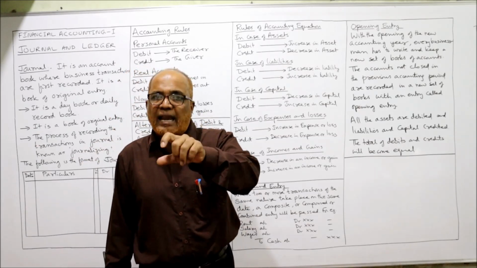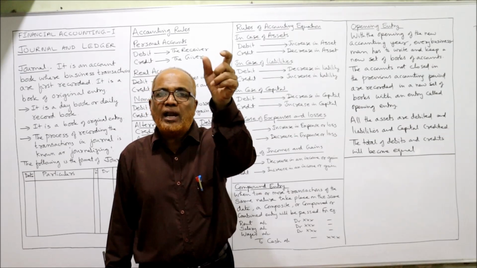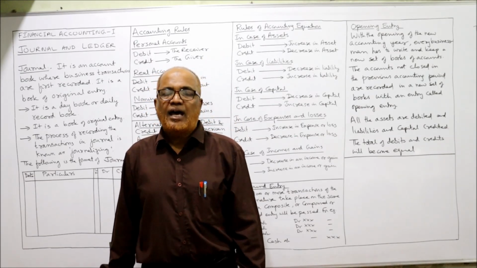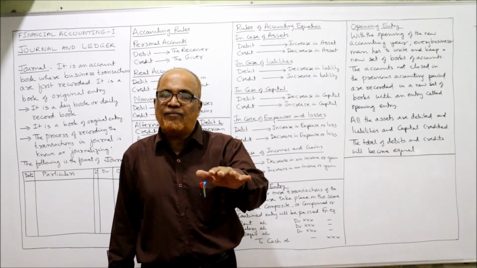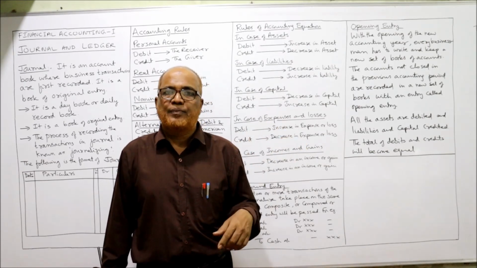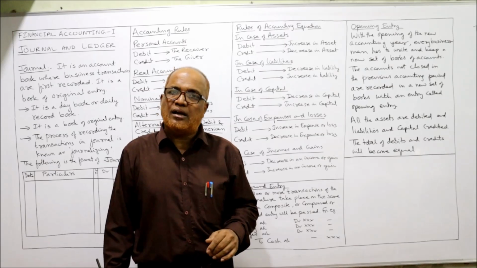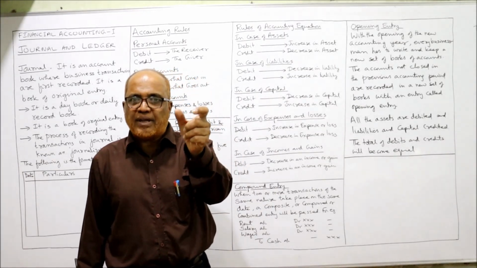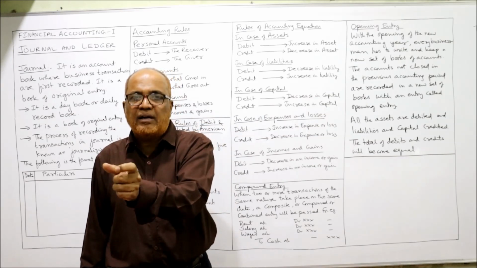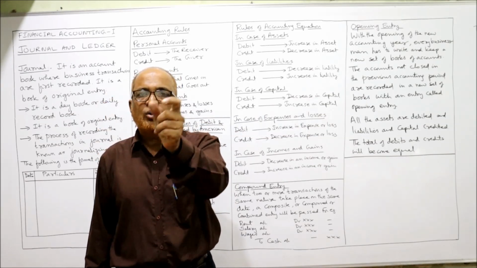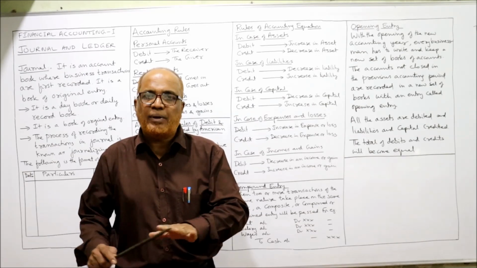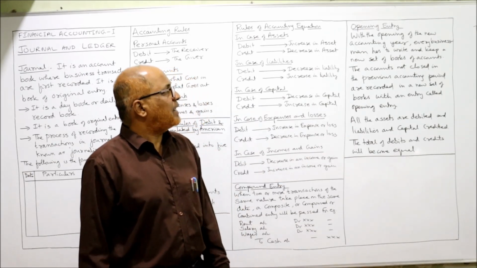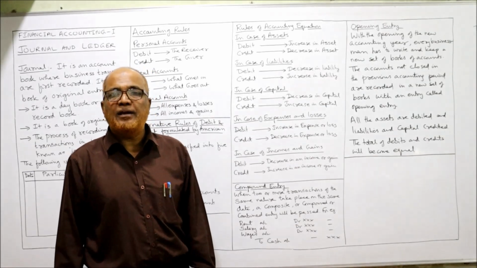These opening balances come from last year's closing. The total of assets debit and the credit will be equal. So this is the explanation about the opening entry.